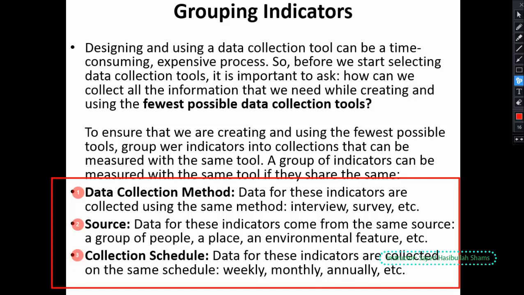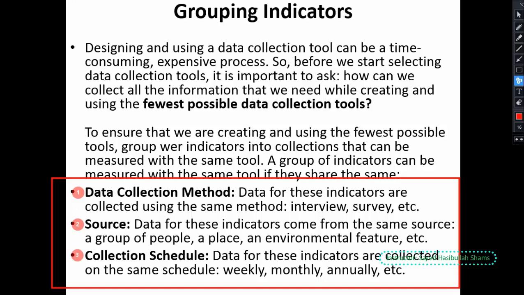We report the data of these indicators on a monthly basis, so we can group these two indicators with each other. It means that for these two indicators, we can develop only one tool. The benefit of one tool is to avoid duplicate data and time consuming resources.